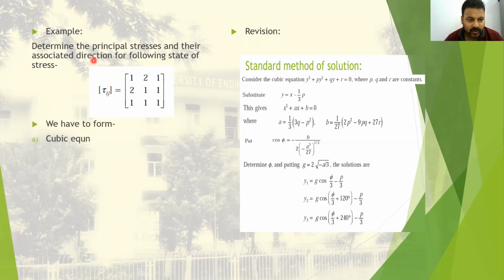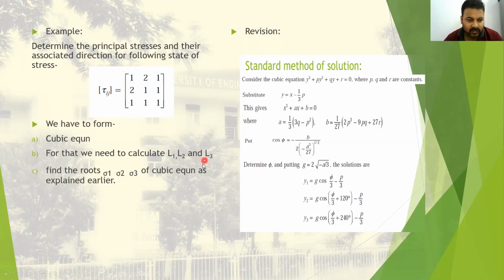First of all, we have to form a cubic equation. In order to form it, we need to calculate L1, L2, and L3. With the help of these, we can find the cubic equation, and with the help of that cubic equation, the roots can be calculated as sigma 1, sigma 2, and sigma 3. And these roots are the principal stresses.